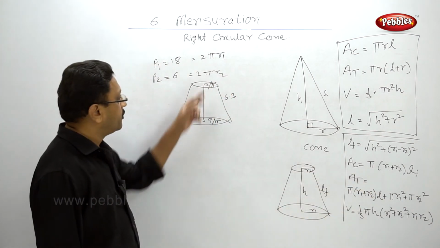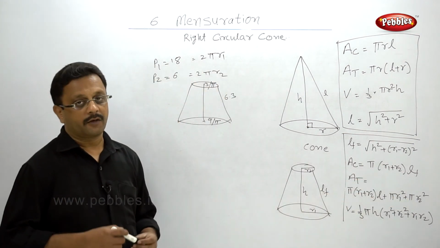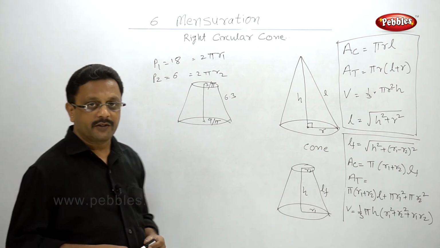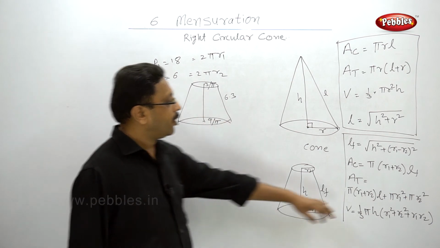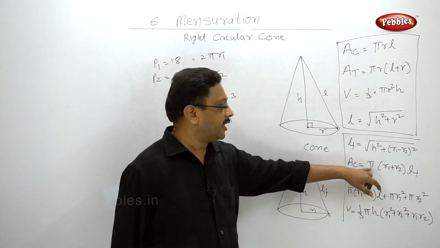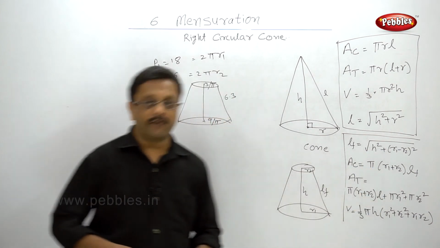Very simple, r1, r2 and slant height are given, you can find the curved surface area. Please pause your video here and find the curved surface area. Don't worry about this 9 upon pi and 3 upon pi, because in r1 plus r2, the 1 upon pi will be common, which will get cancelled with the pi in the formula. Okay? Just solve this example quickly.